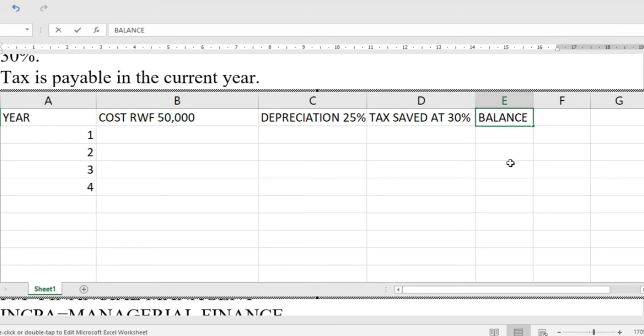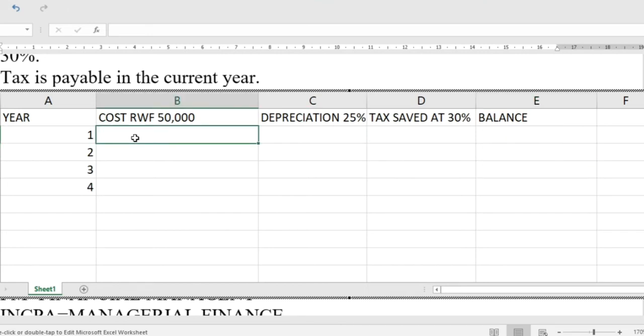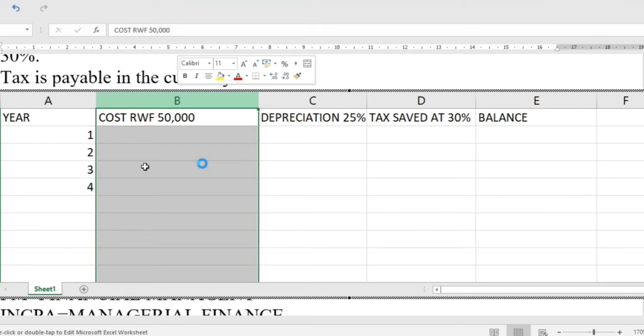Okay, how are we going to calculate this one? It will be equal to the cost minus depreciation.